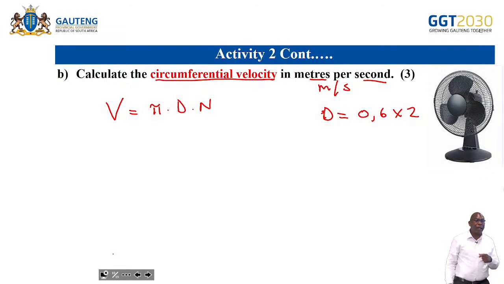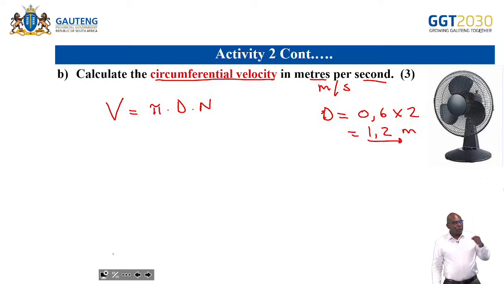I must multiply my radius by 2 to get the diameter. So my diameter will be 1.2 meters. You see the trick there: they've given you the radius, and now they request you to get the diameter.